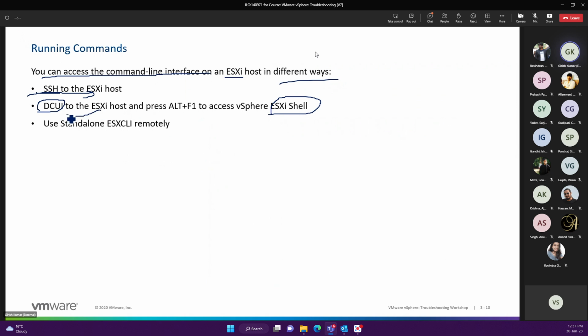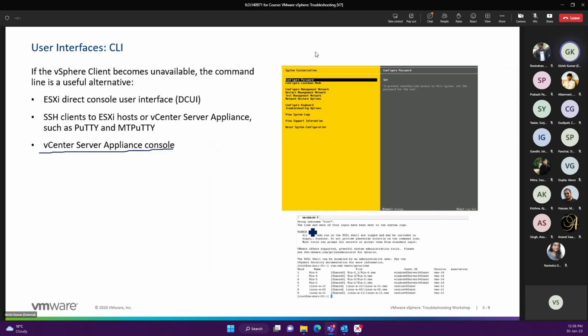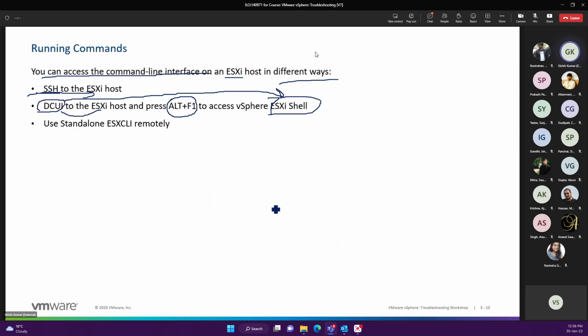First access the ESXi DCUI, and from the DCUI enable the ESXi shell, then log out, and you can press the Alt F1 key combination. It will open the command line console. If you know the commands, you can run them directly when you press Alt F1.